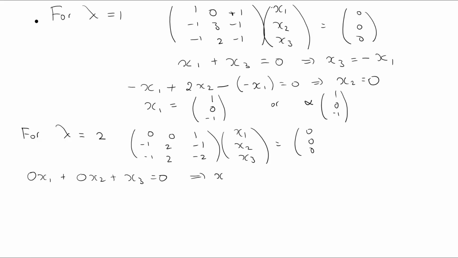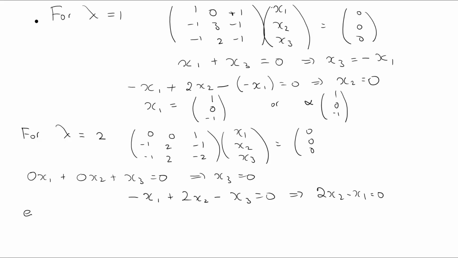So x3 equals 0. And then putting that in the second one, negative x1 plus 2x2 minus x3 equals 0. So from that we can see that 2x2 minus x1 equals 0. That shows the way that x2 and x1 are related.